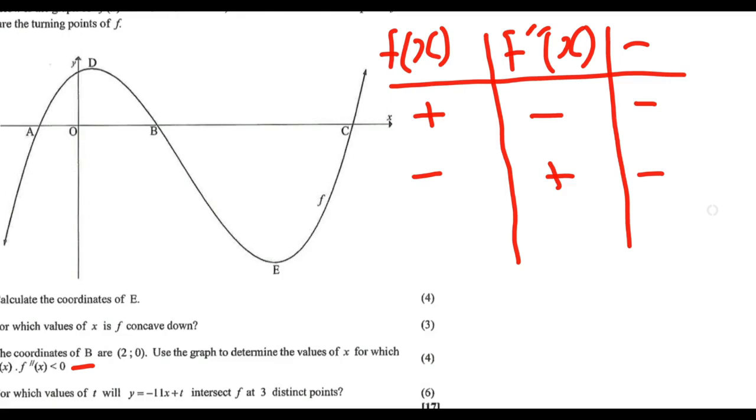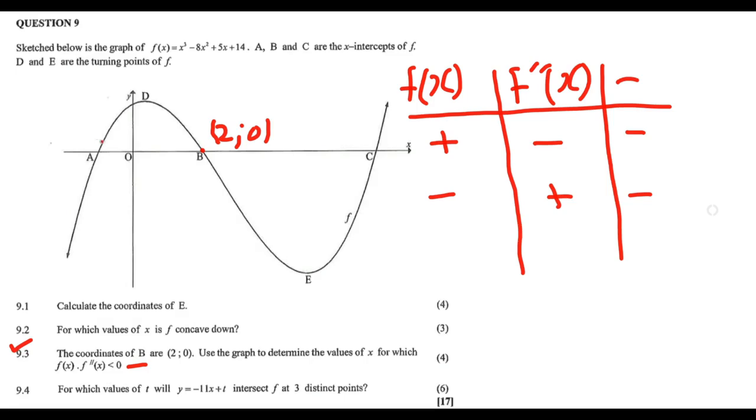Now, find the x-intercepts of f(x). The coordinates of B are given as (2; 0). This means x minus 2 is a factor of f(x).